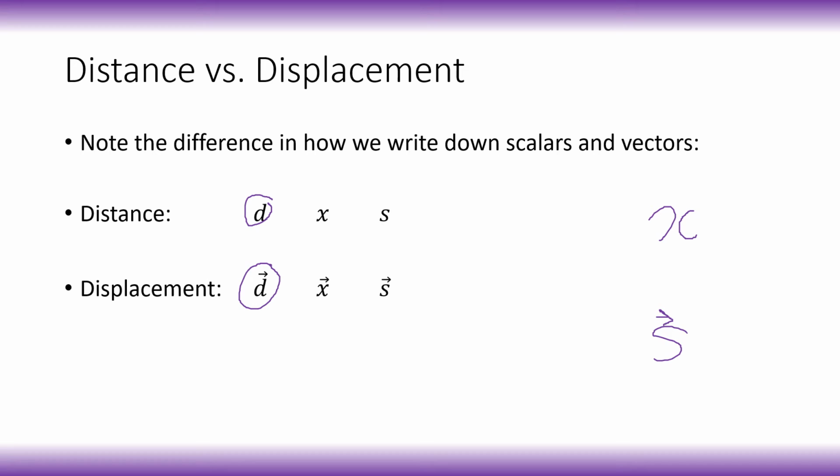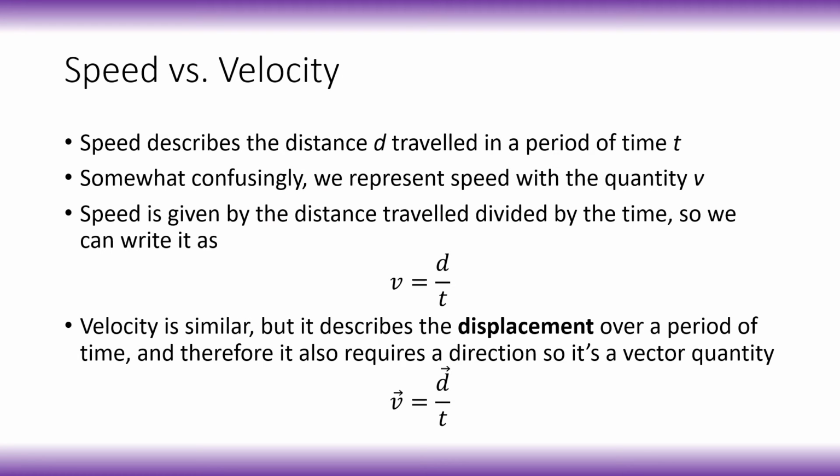Chances are, if they've called their distance X, then their displacement is the same thing, right? Or if they've called their distance S, then the displacement is the same thing, just with the arrow.